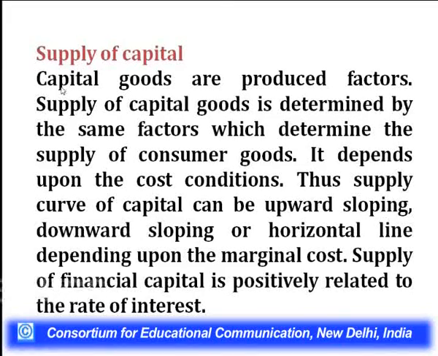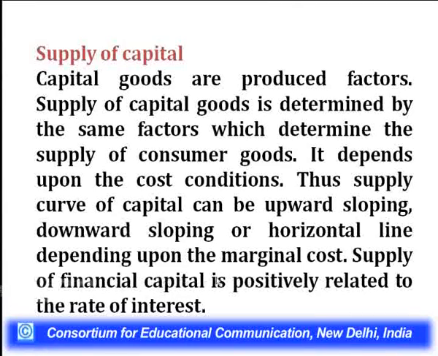Supply of capital. Capital goods are produced factors. Supply of capital goods is determined by the same factors which determine the supply of consumer goods. It depends upon the cost conditions. The supply curve of capital can be upward sloping, downward sloping, or a horizontal line depending upon the marginal cost.